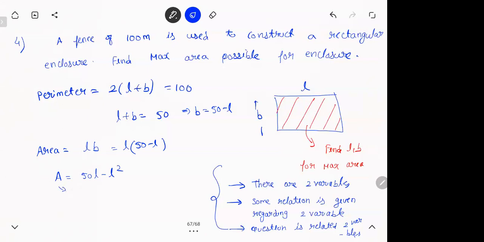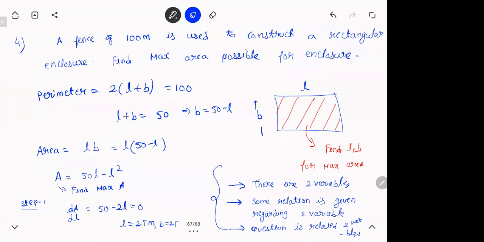So we are asking to find the maximum value of A. So what will you do? Step 1. dA by dL is 50 minus 2L equals 0. L is 25 meters. If L is 25, B is also 25 because L plus B is 50.